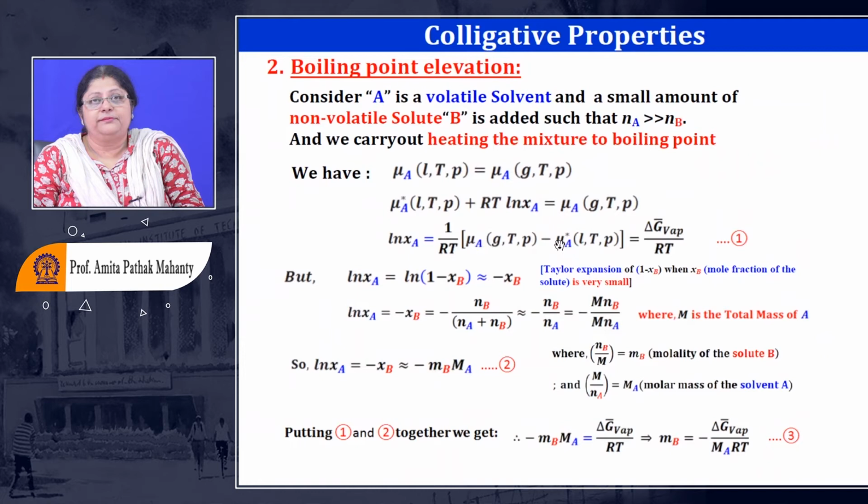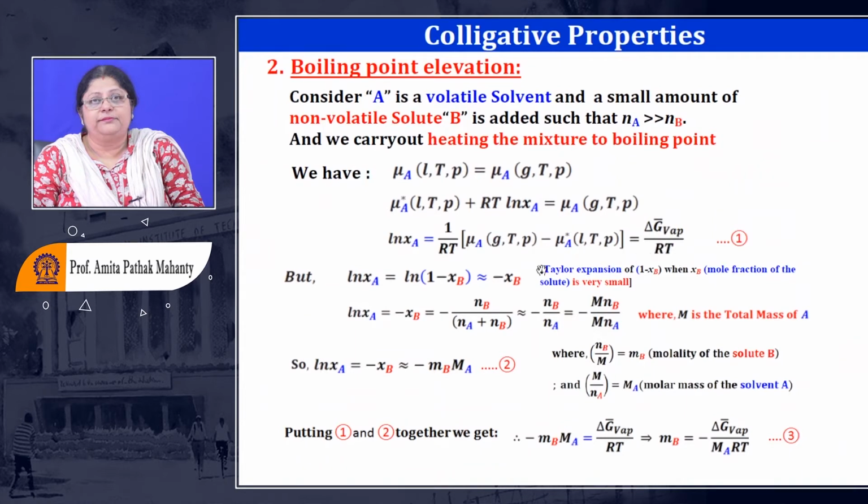This difference is nothing but delta G per mole, and since it's a condition where you have a gas phase which is the final state and initially it was a liquid state, I can write this is going to be equal to the delta G vaporization per mole, and RT comes from the equation.